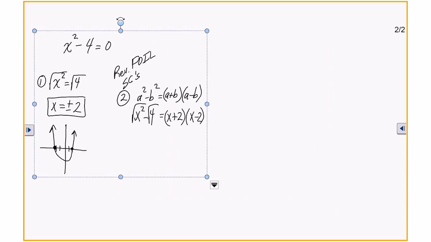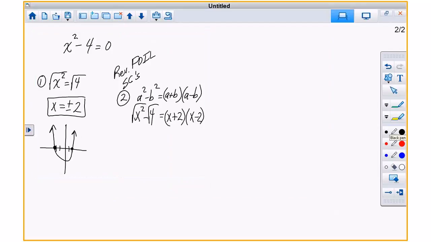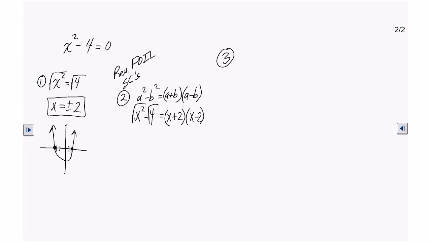Okay, number 3. The x squared plus 0x plus blank is equal to 4 plus blank. 0 divided by 2 is 0. 0 squared is 0.